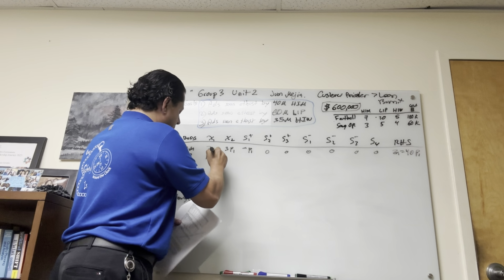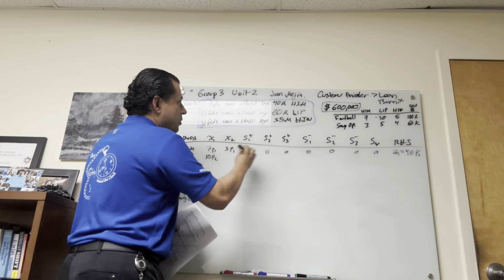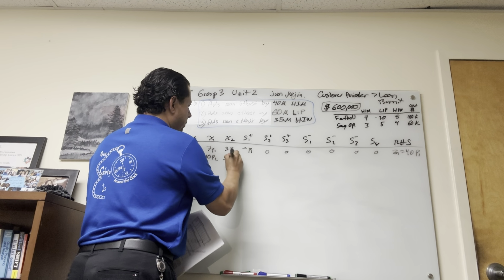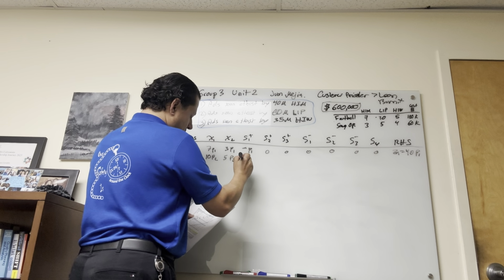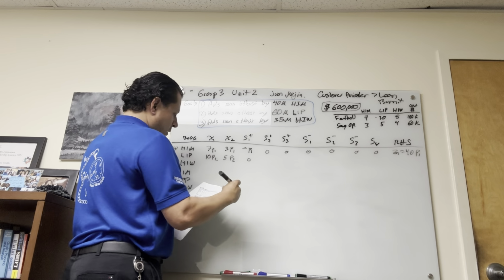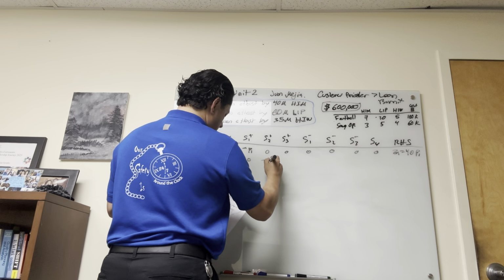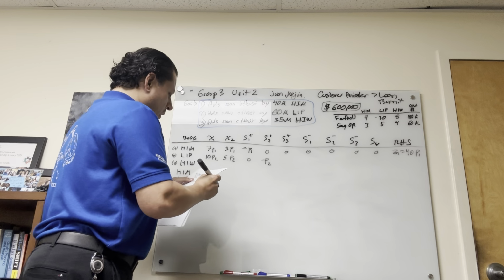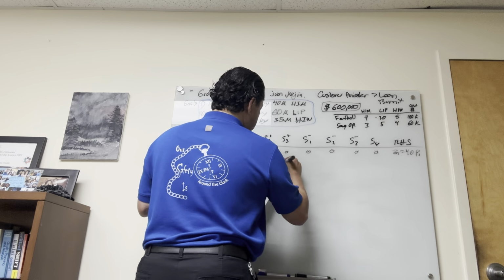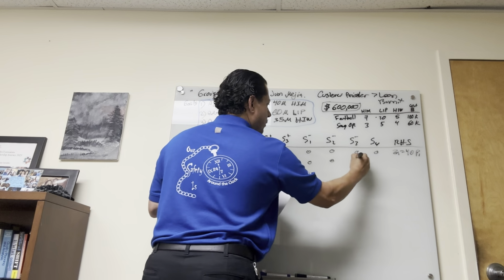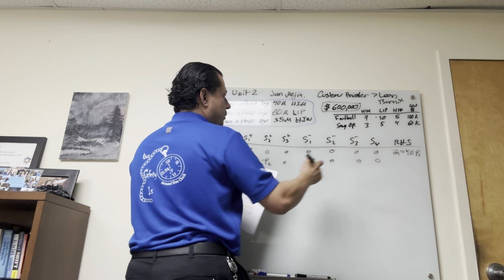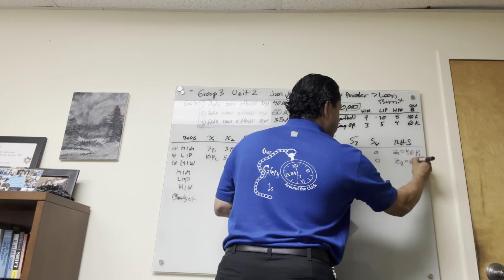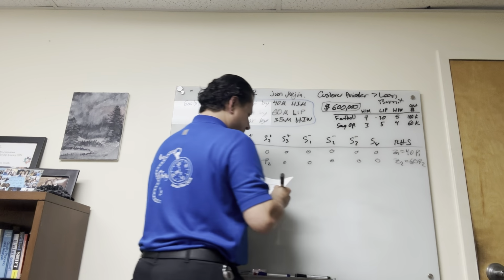This is going to be 10 P2, coming from the LIP, 5 P2, then we have a 0 on the S plus, but we have a negative P2 on S2. And then we have all zeros again. This one comes from the constraint of 60 million, so Z2 is going to be equal to 60 P2, right?